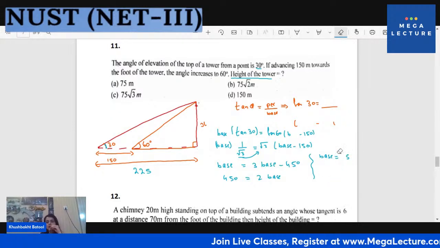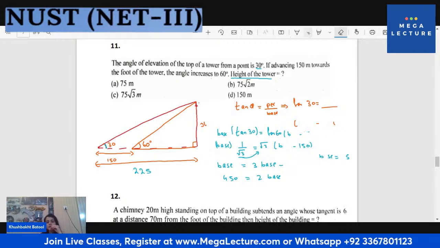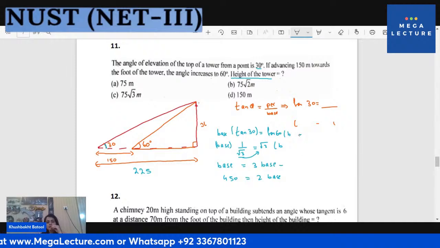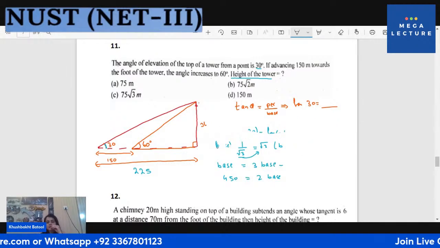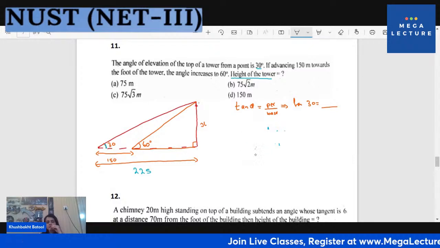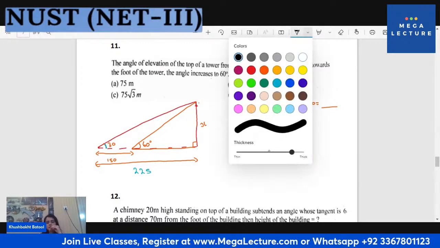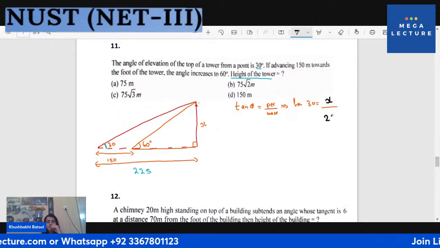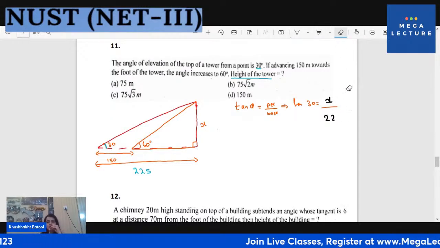All right, okay. So let me just erase all of this. Now tan 30 is equal to perpendicular, that is to be calculated, divided by the base, that is 225.